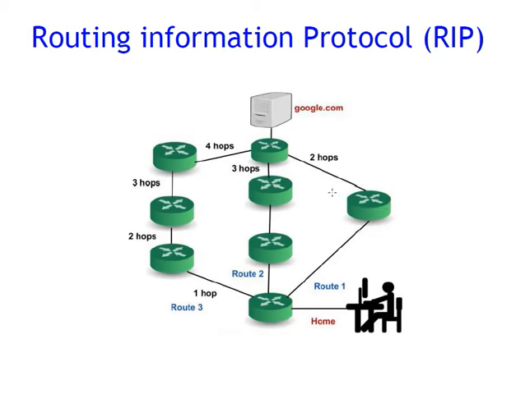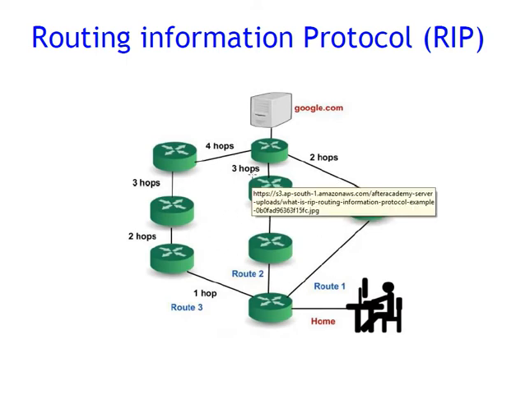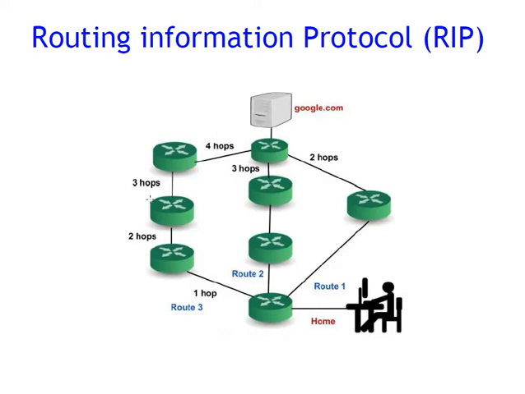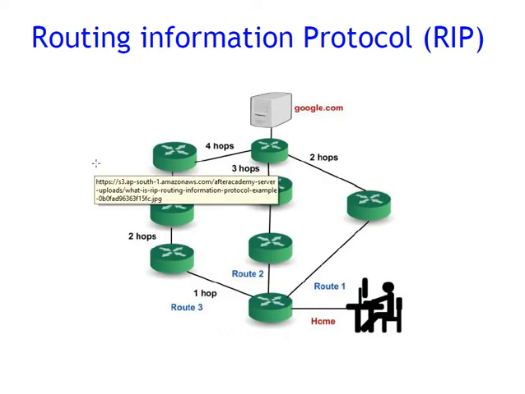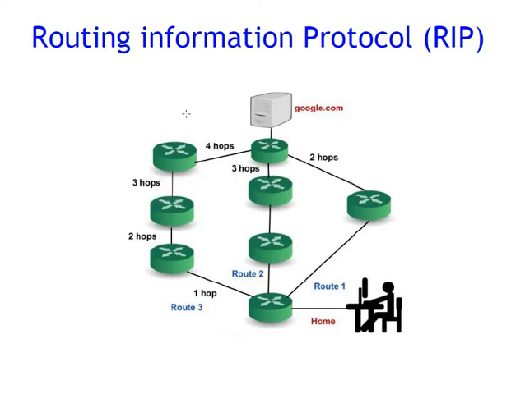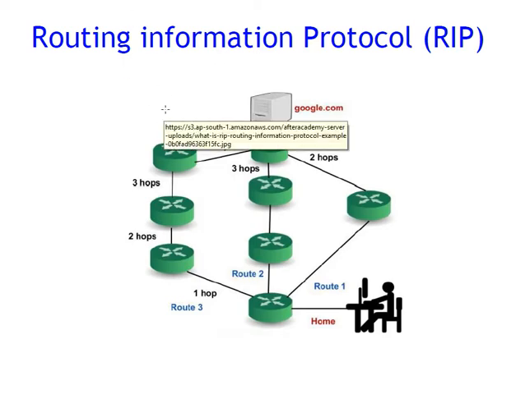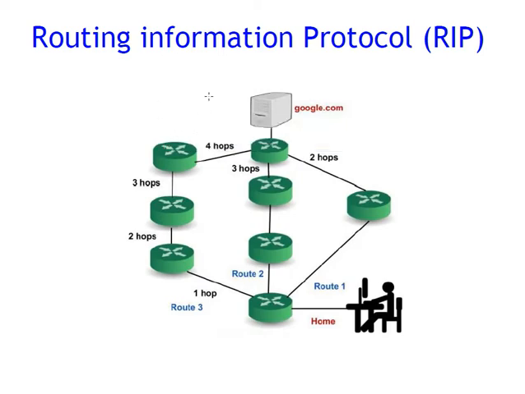Now in the case of RIP, there are three versions: RIP v1, RIP v2 and RIP ng. RIP v1 is basically the routing information protocol version 1, and it is a classful routing protocol because it does not send the information of the subnet mask in the routing update, and it sends the broadcast at 255.255.255.255.